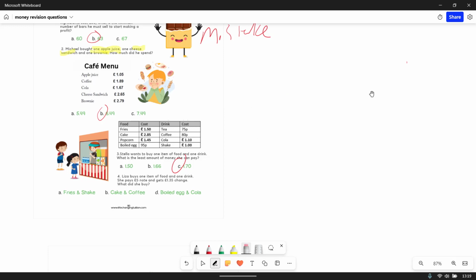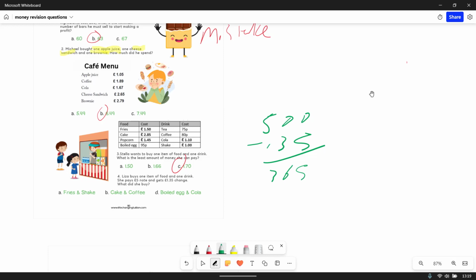Okay, number 4, Lisa buys 1 item of food and 1 drink. She pays with a £5 note and gets £1.35 change. So 500 take away 135 is 365. So what can she buy for 365?